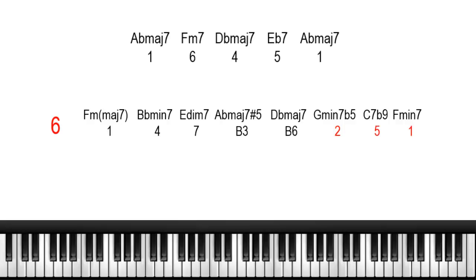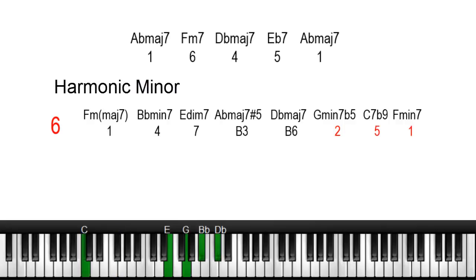It's not just any F minor, it would be the harmonic minor. When you look at the harmonic minor, the 2-5-1 gives you a G minor 7 flat 5, going to a C7 flat 9, and then you would go to your F minor.